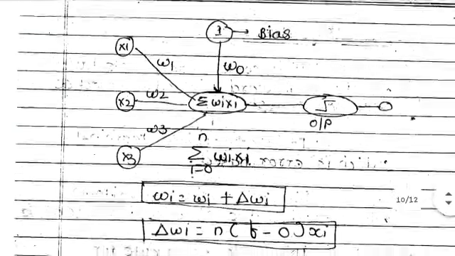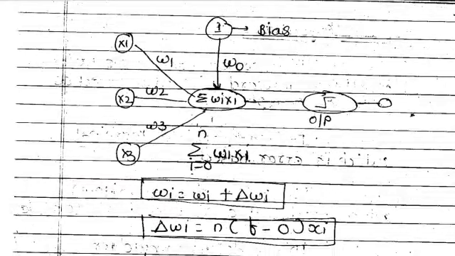Okay, so this summation function describes the summation from i = 0 to n of wi into xi. Okay, so this wi is nothing but wi plus the propagation of weight.